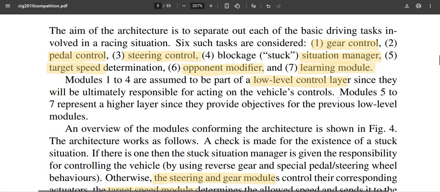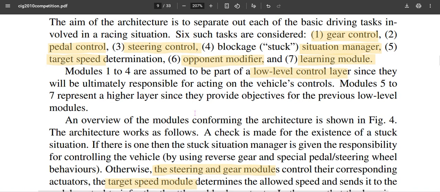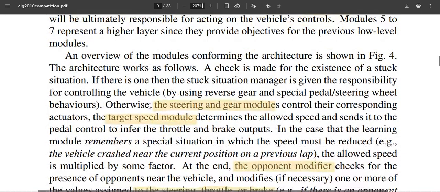So there are two levels of control. One is low level control, like gear, pedal, and steering, which is computed locally at every time step. And the high level would be determined from a separate process from the low level controller.